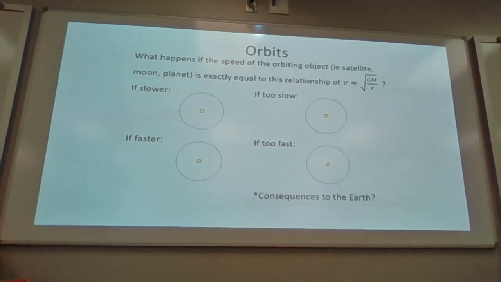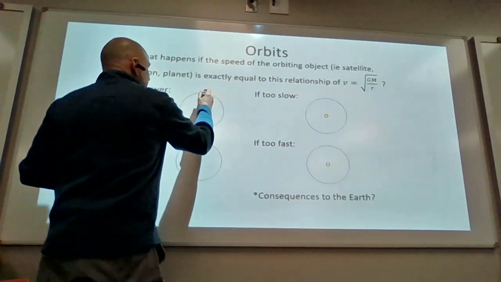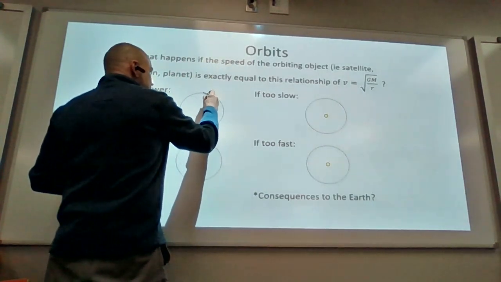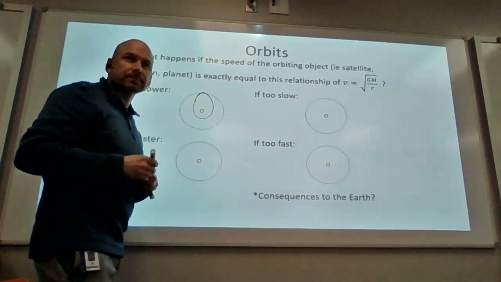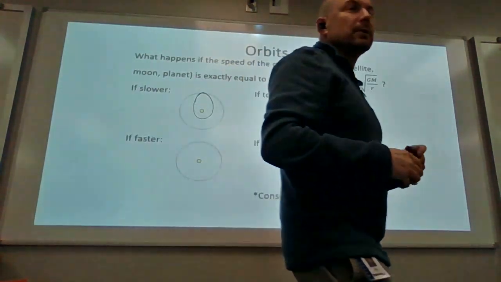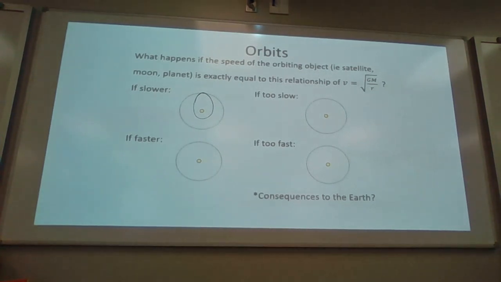Well, what happens if a planet doesn't have that exact speed? If it's slower than that, it does an ellipse. Here's a fact. All orbits are elliptical. A circle is a special case of an ellipse.